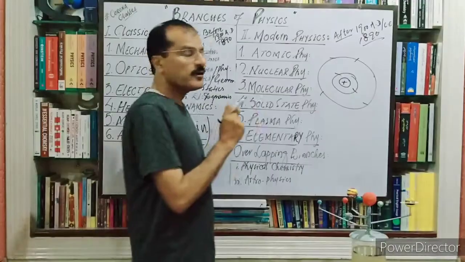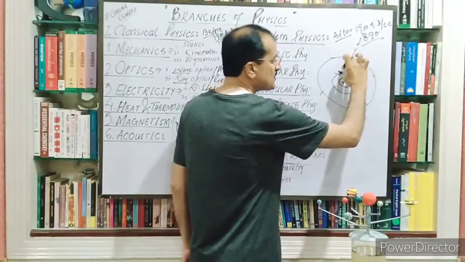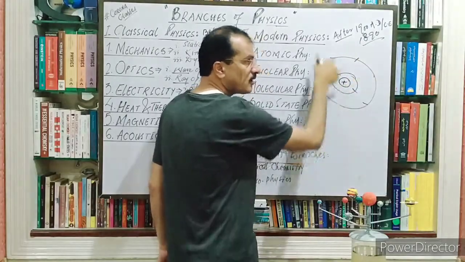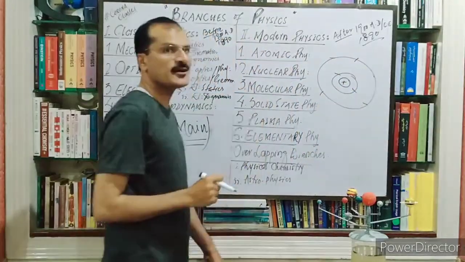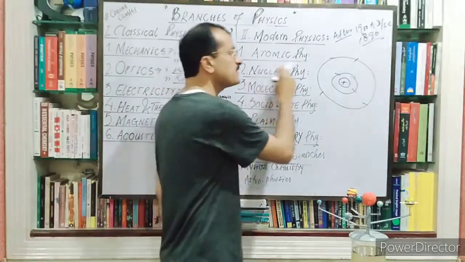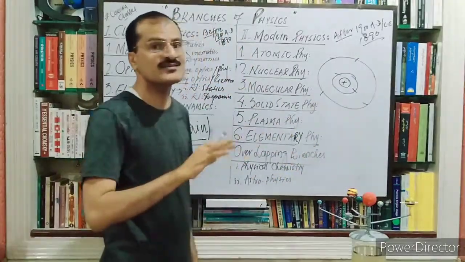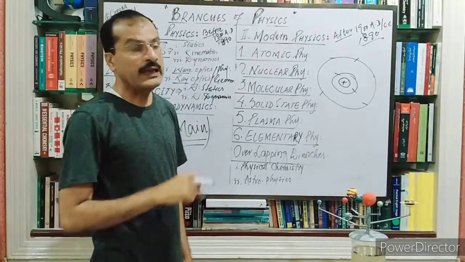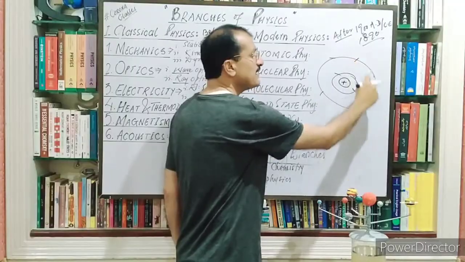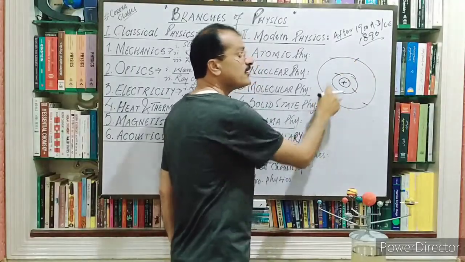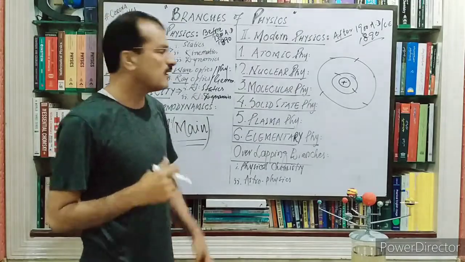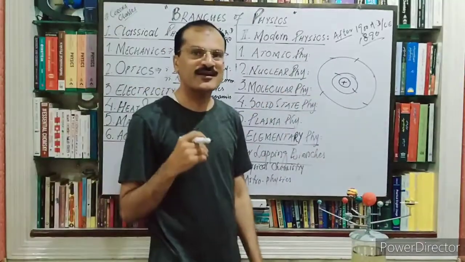So whenever we study this extra-nuclear part of the atom, that is known as atomic physics. You have to be clear that in atomic physics the study of the nucleus is not included. In atomic physics we simply study the electrons which are revolving round the nuclei of atoms, and this study is known as atomic physics.